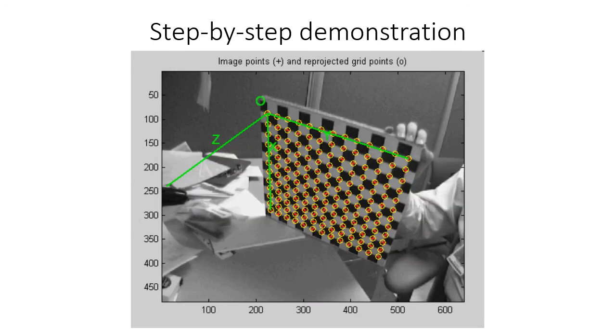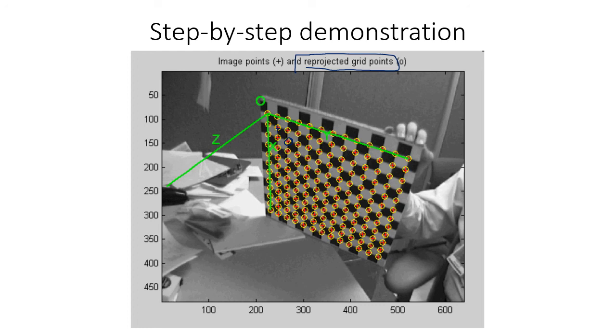By estimating the camera matrix, we can reproject the 3D points into the 2D images. So this red cross is the real image corner point, and this yellow circle indicates the reprojected grid point. As you can see, they are very similar, very near.